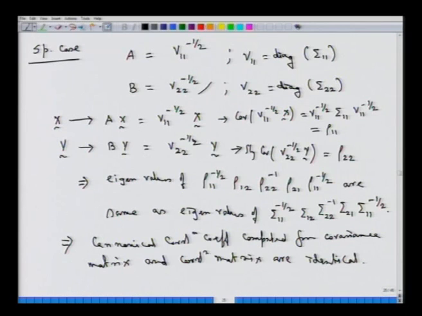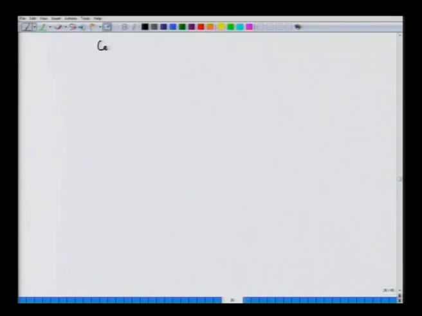Now, we look at the next important result, which is going to look at the following thing: what is the correlation between the canonical variables and the original set of variables. So, we are now looking at the correlation coefficient between canonical variables and the original variables.